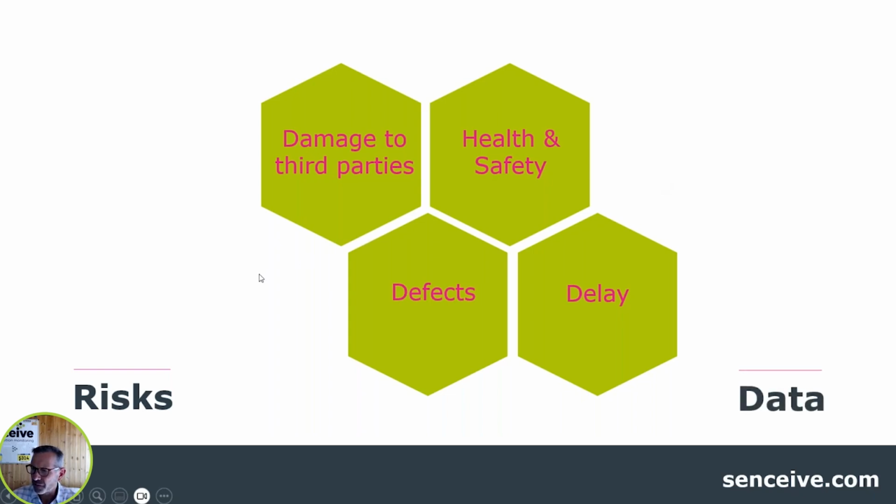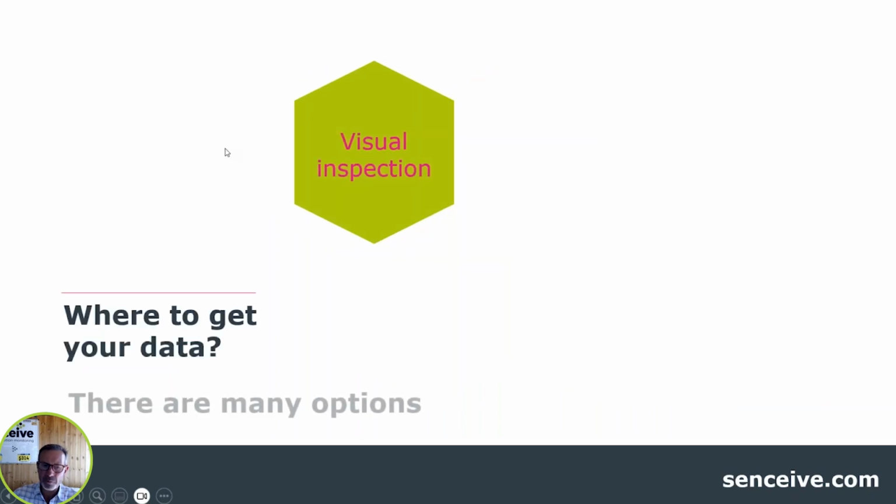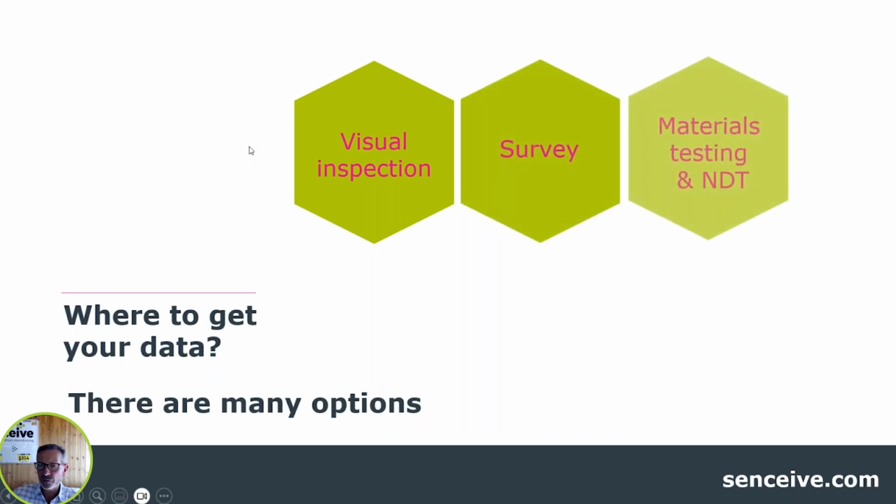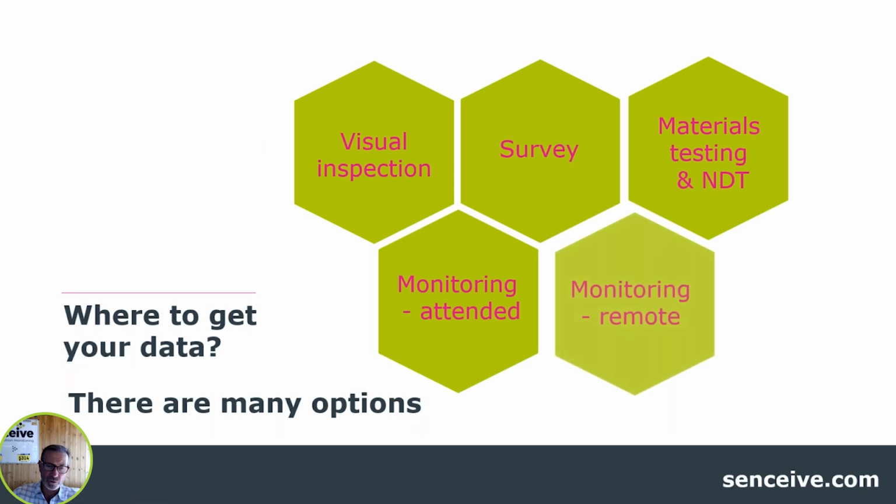And I think that the need for data, we need data in various forms. It needs to be timely, it needs to be accurate, reliable, it needs to be accepted by different parties within the construction team. And there's a number of ways that we can get that. We can do visual survey, do conventional, traditional survey.